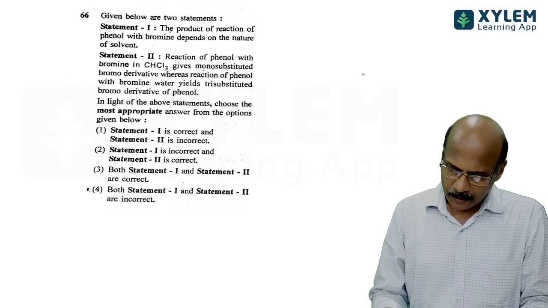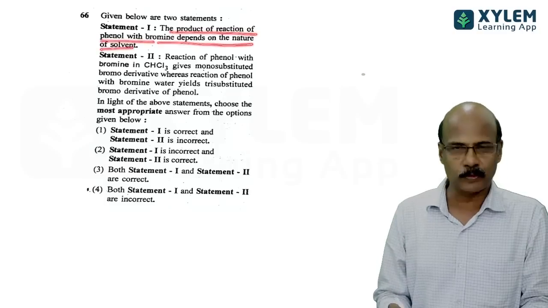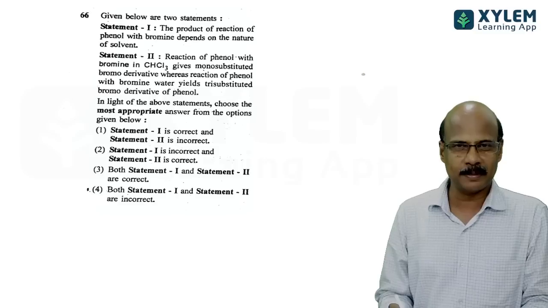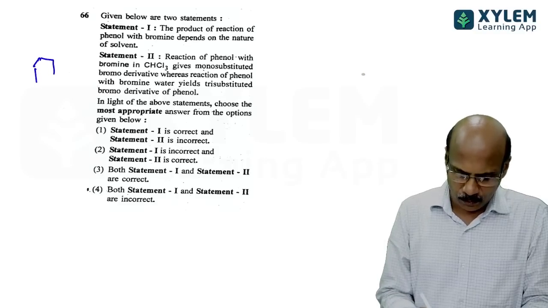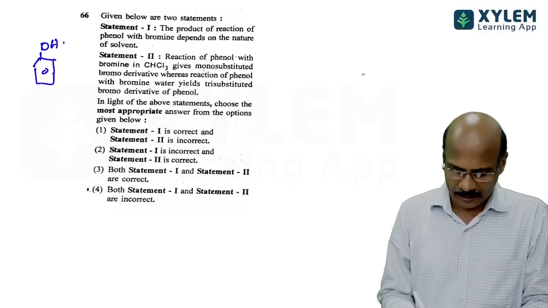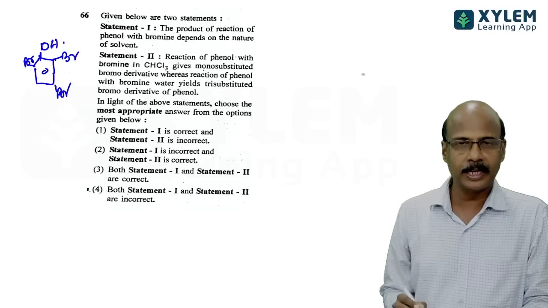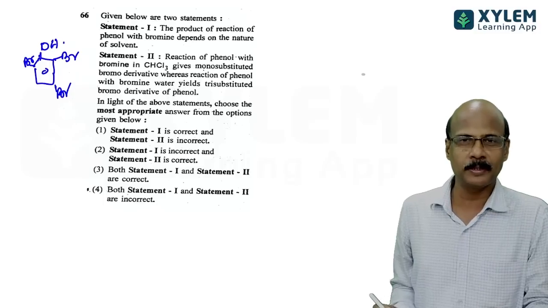The question asked is, the product of the reaction of phenol and bromine depends on the nature of the solvent. You know that that statement is correct. When phenol is treated with bromine water, you will get 2,4,6-tribromophenol. You can get a tri-substituted compound.